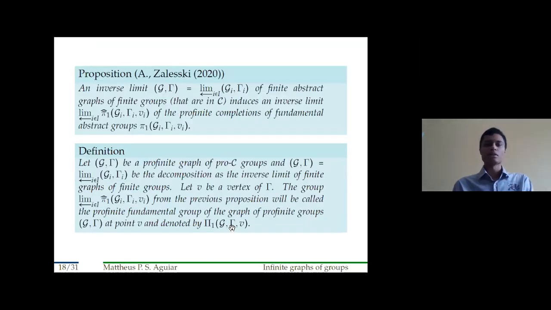So now this proposition with Ribes-Zalesskii says that the inverse limit of finite abstract graphs of finite groups induces an inverse limit of profinite completions of abstract groups. And now we define this as the profinite fundamental group with a base point V, and it's denoted this way.